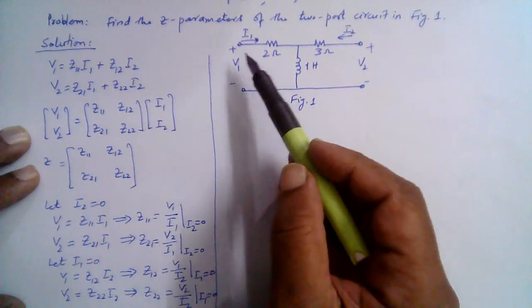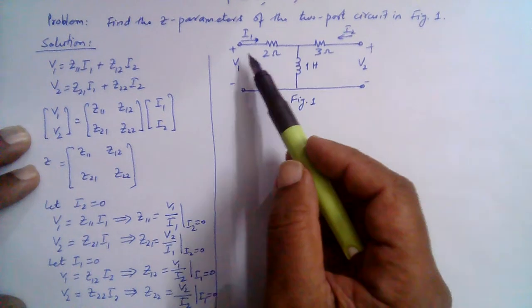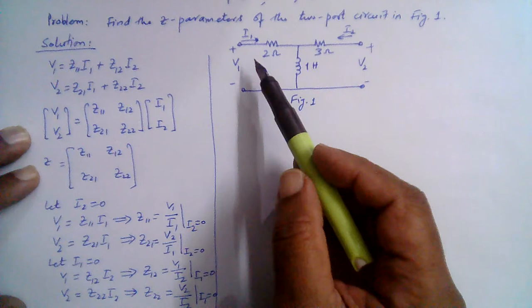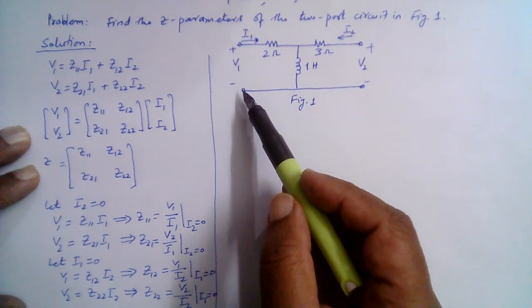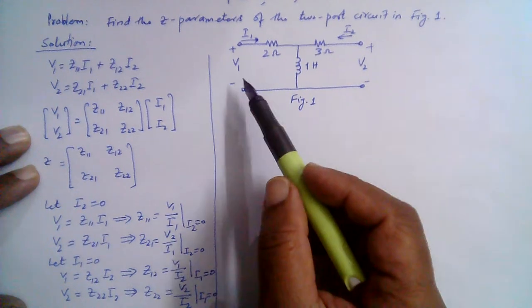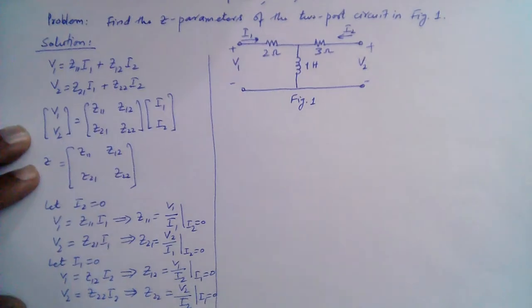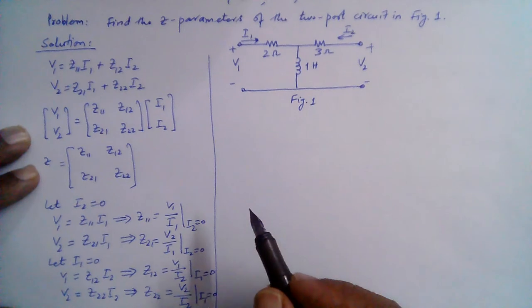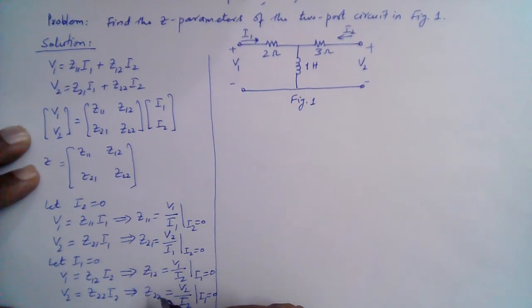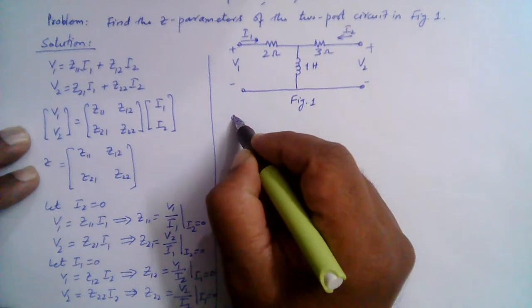By switching off I1 and I2, we mean that we turn off any current source here at the port, or we open circuit this port, right? We open this port. When the port is open, there will be no current flowing in here. So that is why all four parameters are also called open circuit impedance parameters.